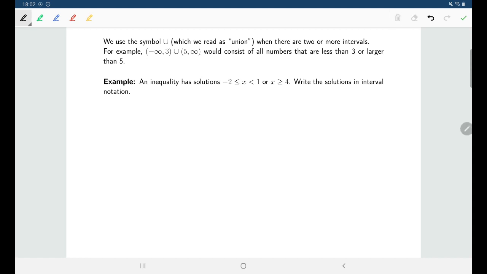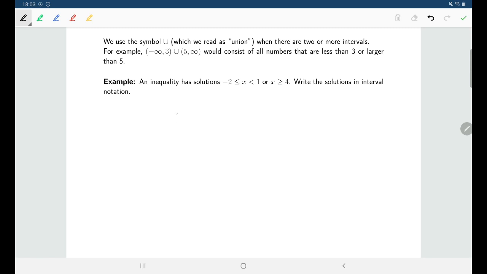So for this inequality in this example, I have all the values between -2 and 1, including the -2. And I've also got all the values which are larger than or equal to 4. So if I were writing this in interval notation, again, we're always going to go from left to right, from smaller value to larger.